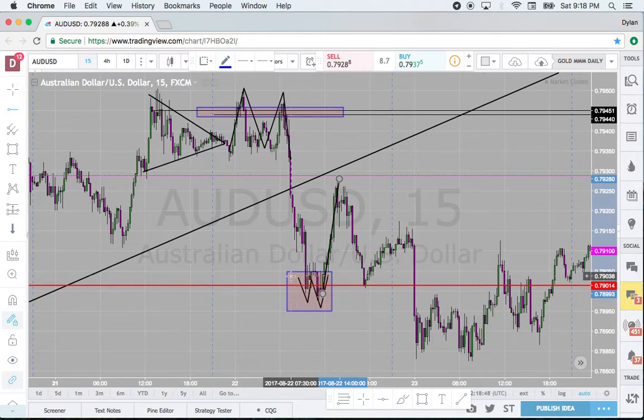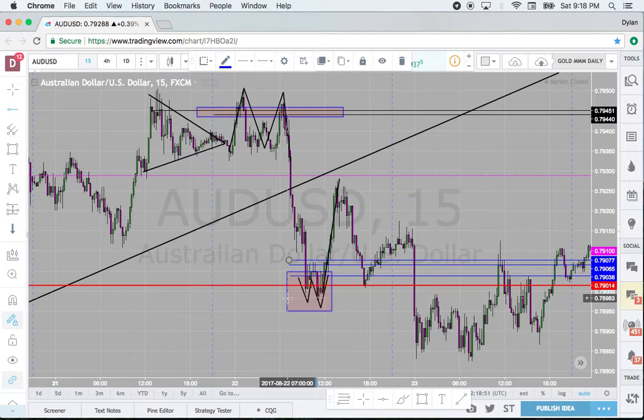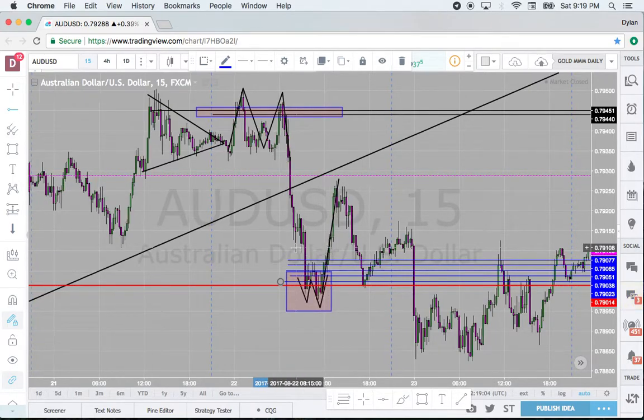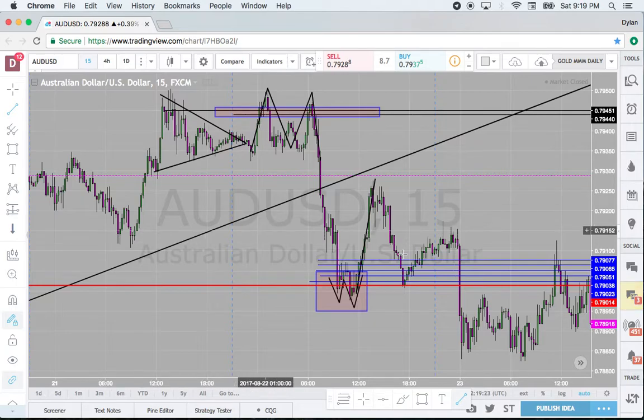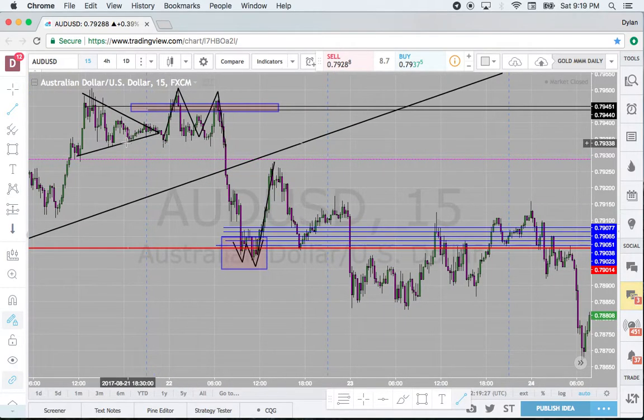So it took 5 or 6 buy positions in here, the EA, the robot, at this price as it was retracing downwards. As it retraced downwards and consolidated in this area, the expert advisor continually bought until the price moved back up above the low of the previous day.